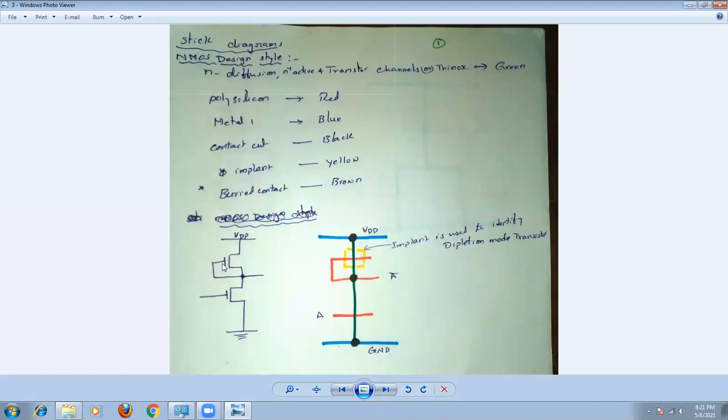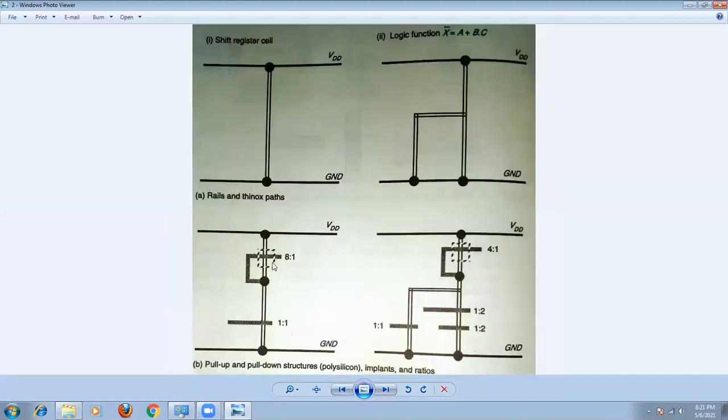So the color for this polysilicon is red. Take a red color and draw a line like this. This is the formation of the transistor because the polysilicon crosses here. The transistor will form, but the gate of the transistor is short circuited to the source terminal. Here we are going to join the different layers. This is the first thing.